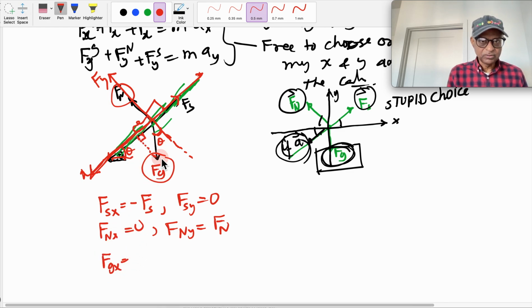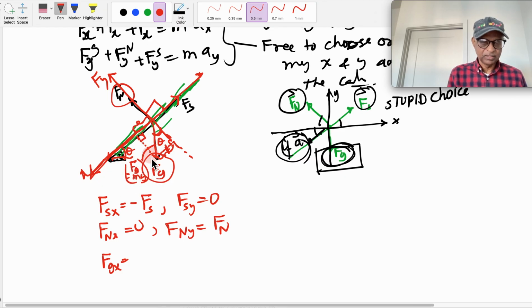And that is going to be on projecting the y-axis is the same as that. And in this triangle, this is the opposite of that angle, so it's going to be sine. This is the whole thing, this is Fg whole thing, the mg value.